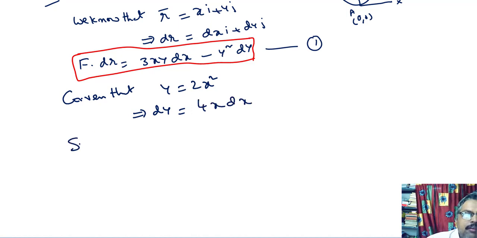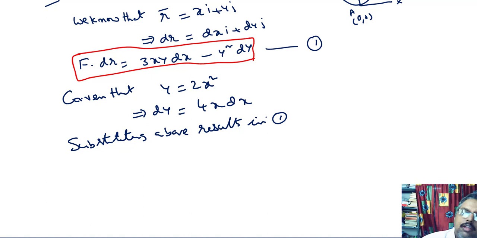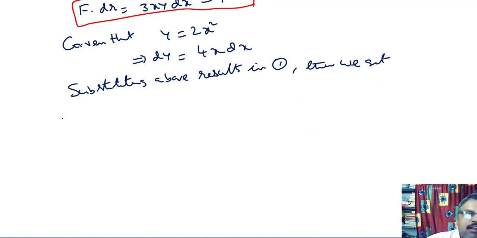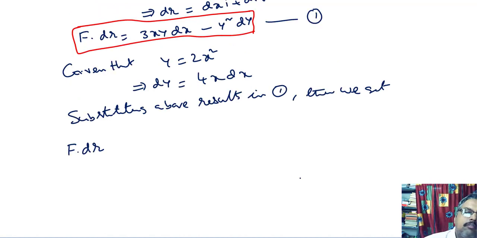Substituting the above results in F dot dr, we get F dot dr equals, the first term is 3 into x into y, which is 2x square.